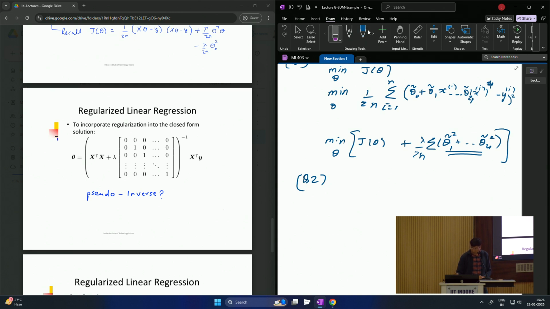So this was x transpose x plus lambda times this whole big matrix 0, 1, 2, 1. And then this is inverse. Since x dimension was n into d plus 1, x transpose x had become d plus 1 cross d plus 1.